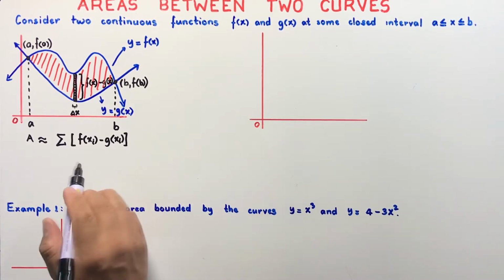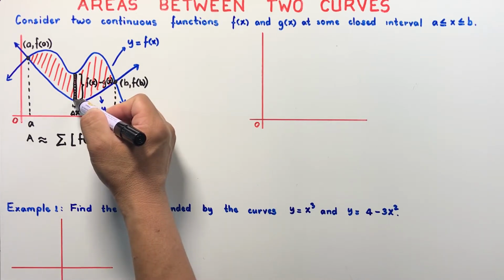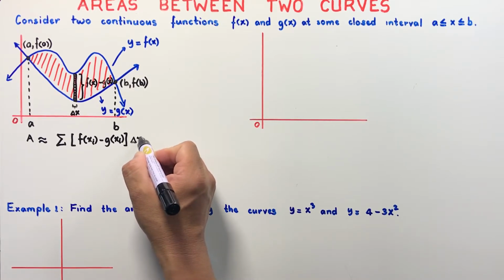Now take note that this is only the height of this arbitrary slice. And to find the area, we need to multiply this height by its width, which is delta x.